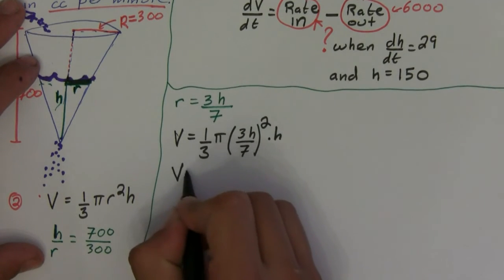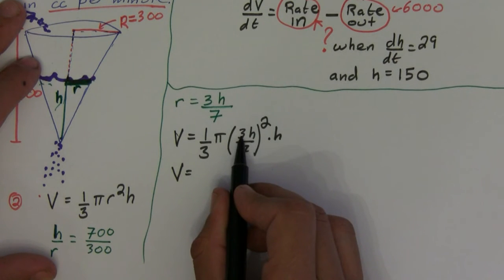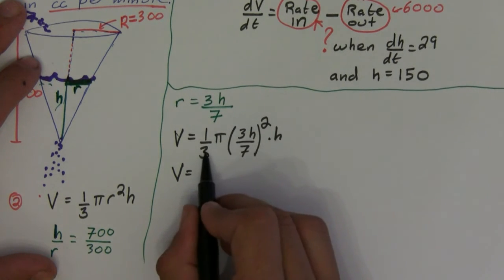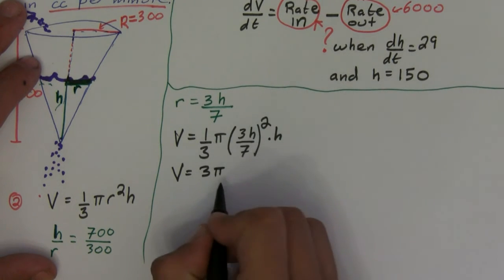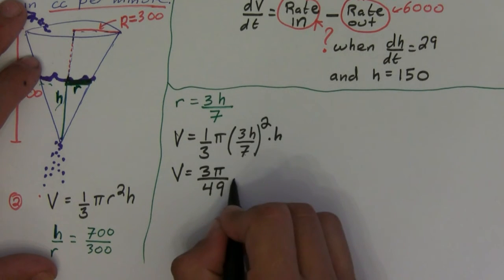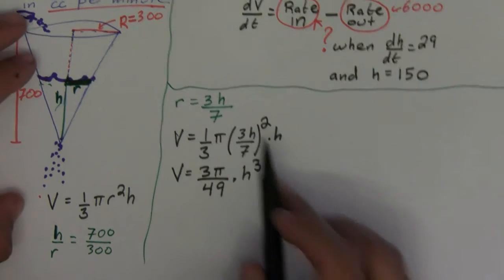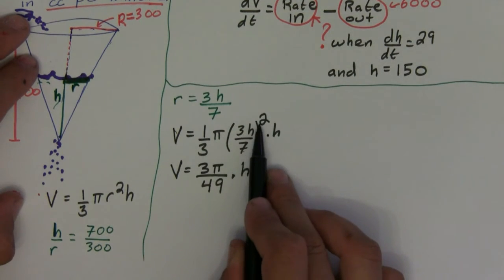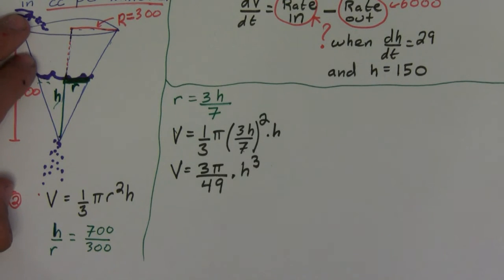Okay, so one more simplifying step. If I square the 3, I get 9, and then it simplifies with this 3. I would get 3 pi on top over 49, by squaring the 7, times h cubed, because h squared times this h right here gives me h cubed.